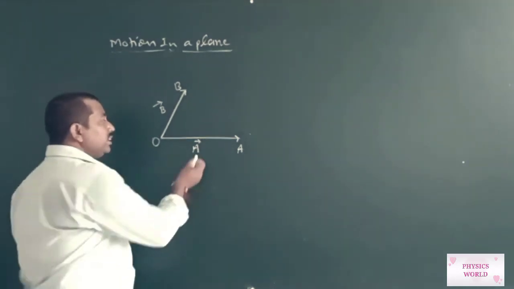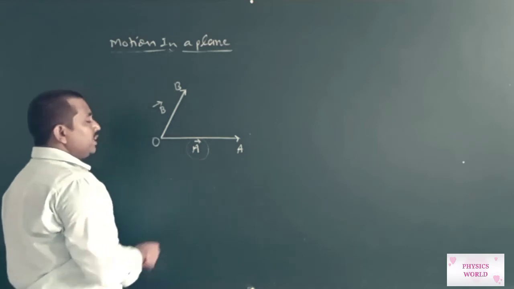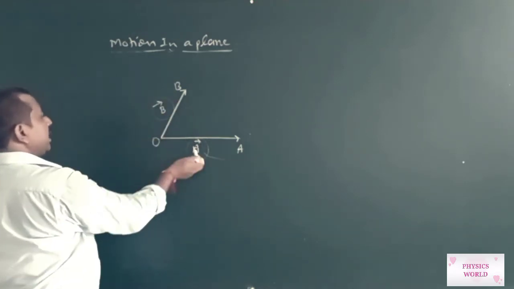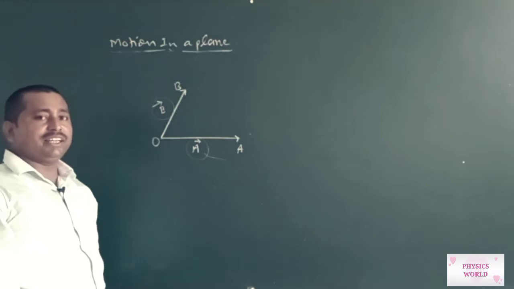If one is acceleration and the other is velocity, then velocity cannot be added to acceleration directly.